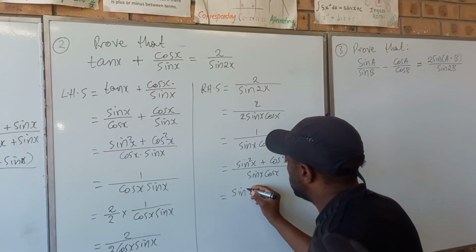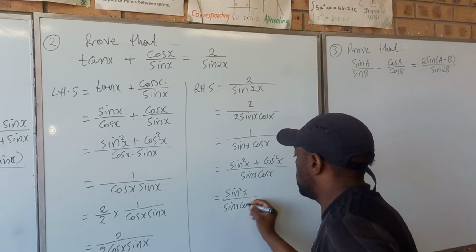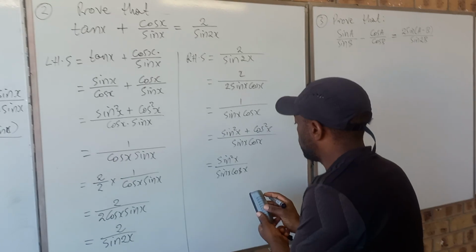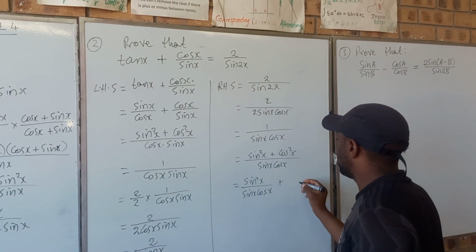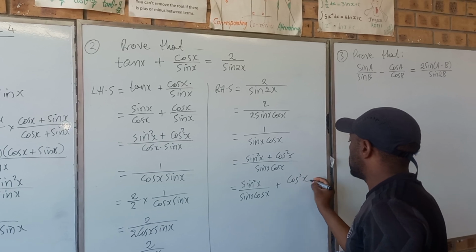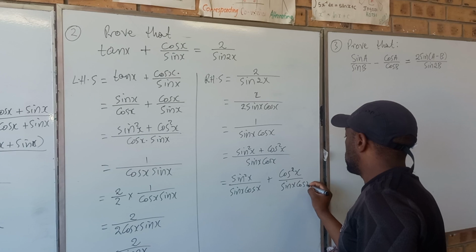So I'm taking my sine squared x, I divide it by sine x cos x, then plus cos squared x divided by sine x cos x.